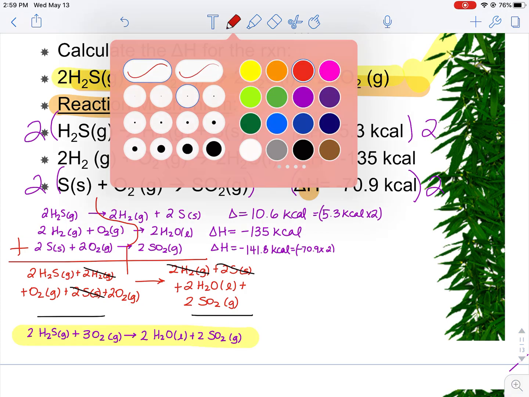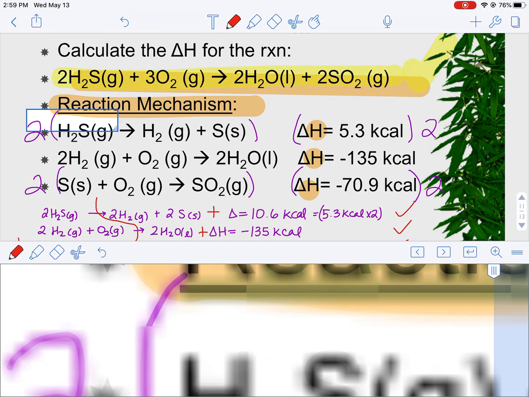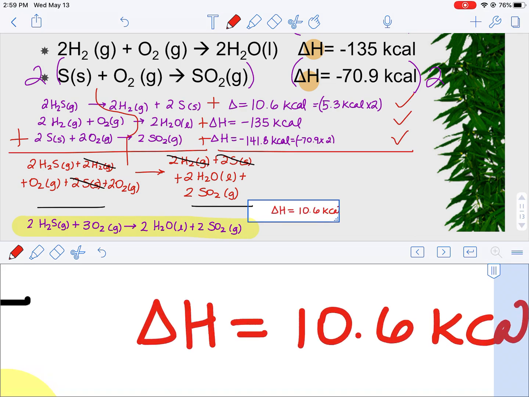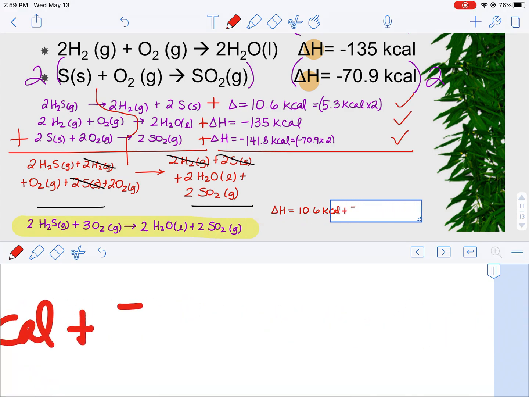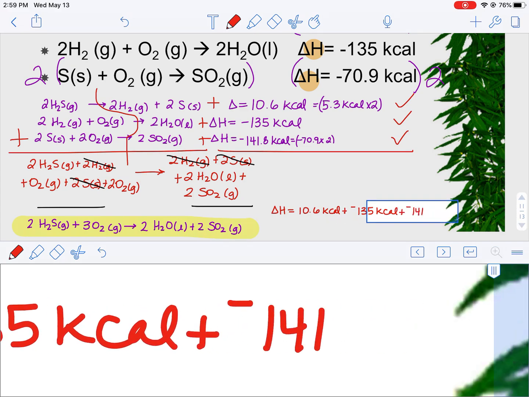The idea is, according to Hess's law, if I know the individual heats for each of these reactions and I add them all together, that's going to give me the heat of my overall reaction. So the heat of this reaction is going to equal 10.6 kilocalories plus negative 135 kilocalories plus negative 141.8 kilocalories.